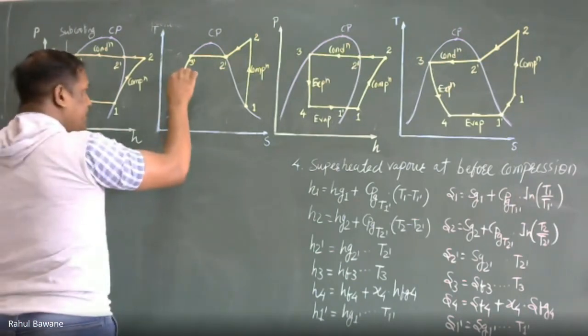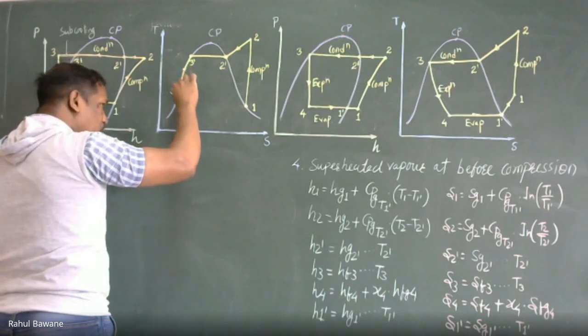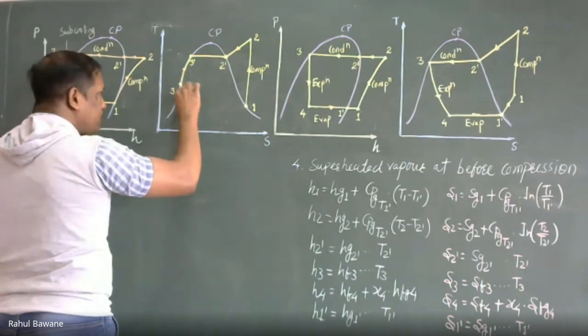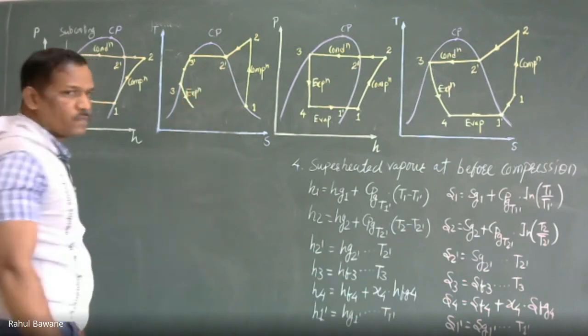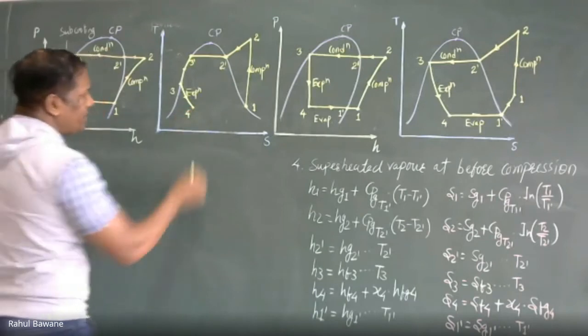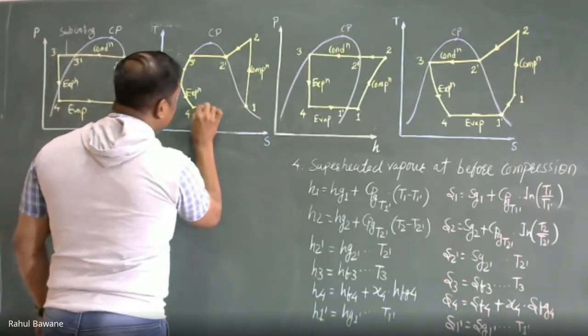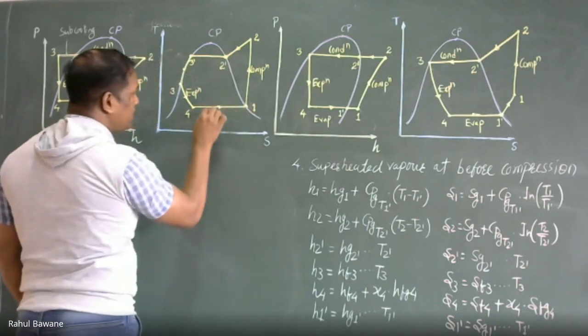Then we allow this to enter the expansion valve, so this will be an expansion process, and it reaches point 4, and then in the evaporator it extracts latent heat and becomes a dry saturated vapor.